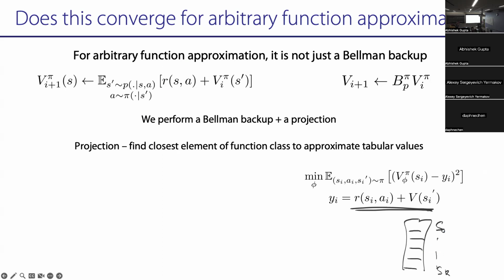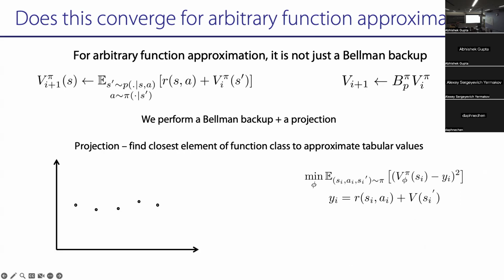They're just K different things in my batch. And then I'm going to do this, this is your Bellman backup. And this is going to give me a new vector of things, right? And then to get this to generalize beyond that, I have to fit a function to these things that can appropriately represent them in infinite dimensional space, right? And so I find this graphic kind of easy to understand. Well, I made it yesterday.